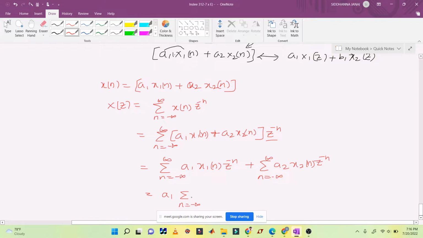A1 outside, then summation x1 of n z to the power minus n, plus summation n is equal to minus infinity to plus infinity.